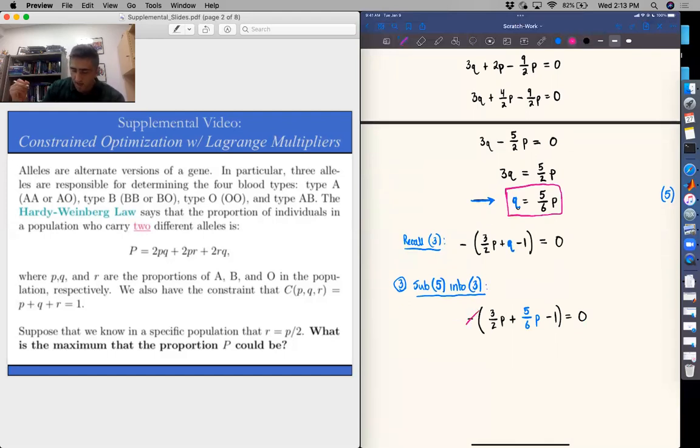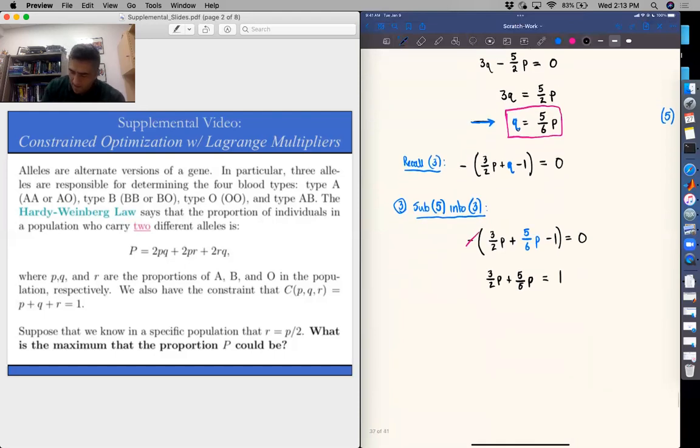First things first, we can get rid of that minus sign, just divide both sides by -1. And then we can start combining some of this p information. So we have 3/2 p plus 5/6 p. We'll find common denominators in a moment. And kicking that 1 to the right-hand side, we have equaling 1. So let's find common denominators. It looks like a common denominator of 6 will work.